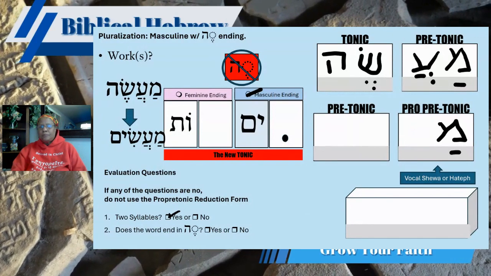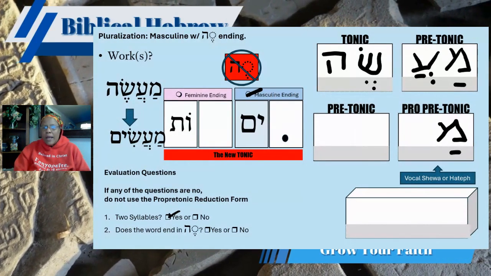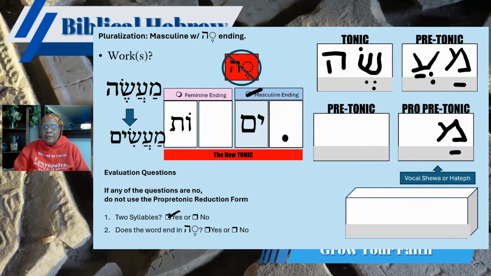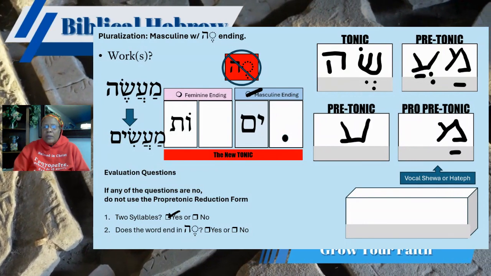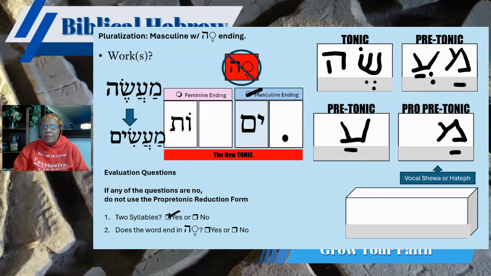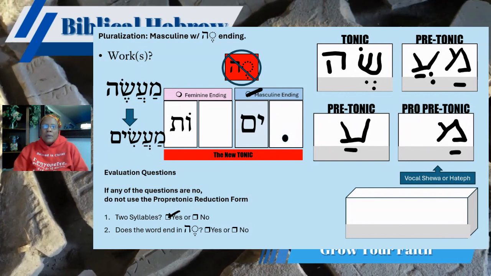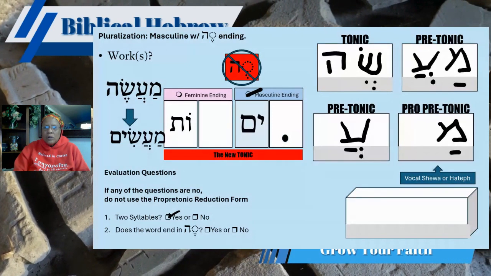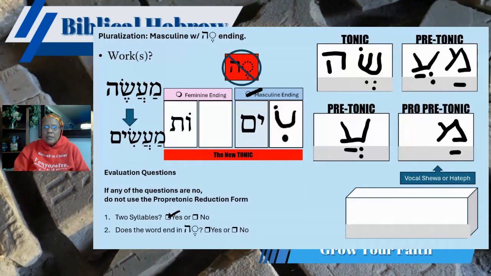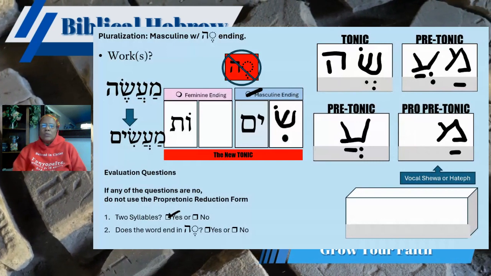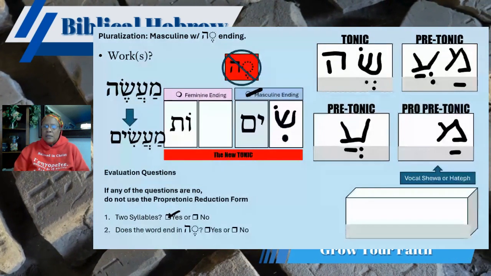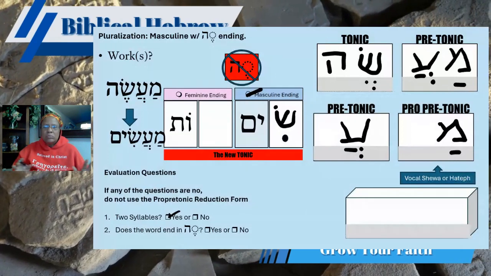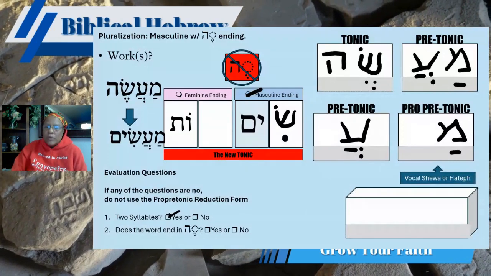And we have the ayin with a hatef. It is a masculine ending. So we're going to pull the sin into the plural ending. So now it's just a matter of pulling down the word, right?